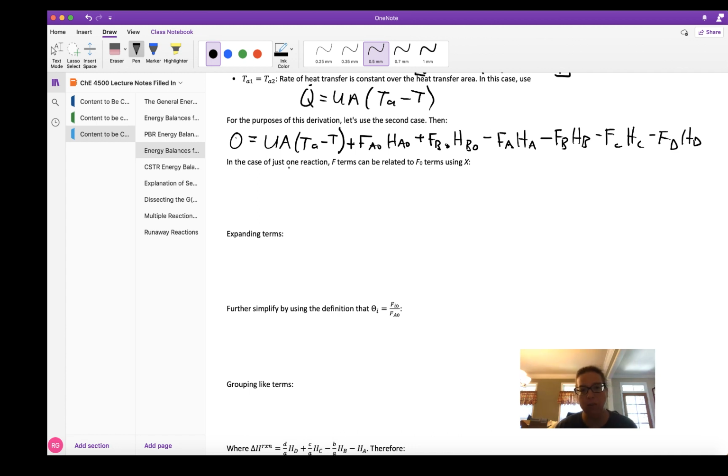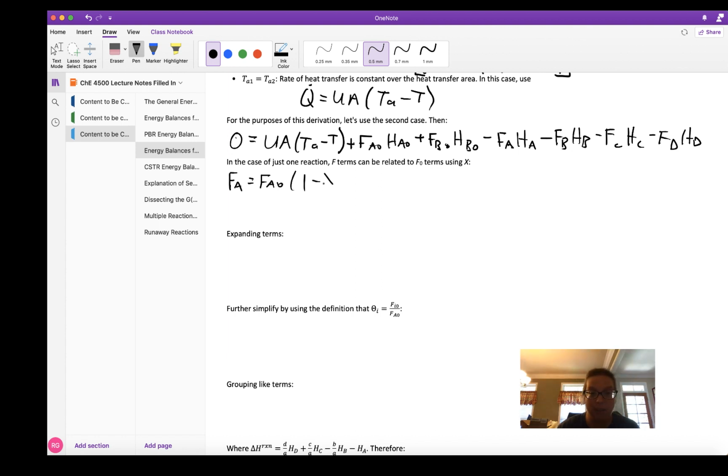So the first thing to do is to recognize that we have just one reaction going on. So a lot of these terms, in fact, all of the flow rates coming out of the reactor can be related to each other using this value x. So let's go ahead and do that. So we can say FA equals FA naught (1 minus x).